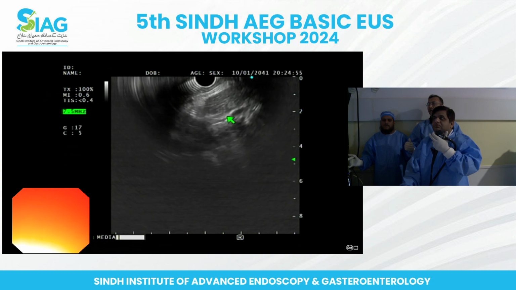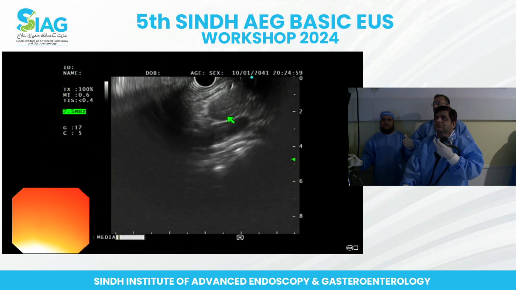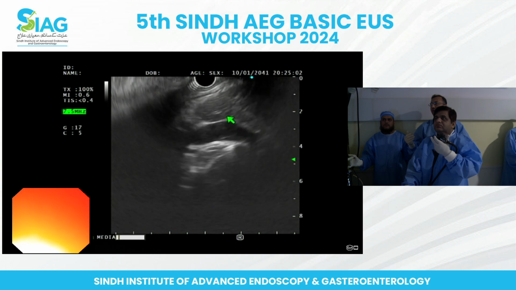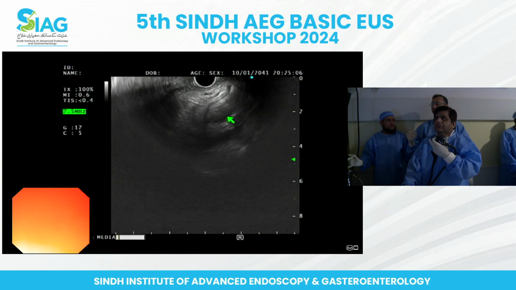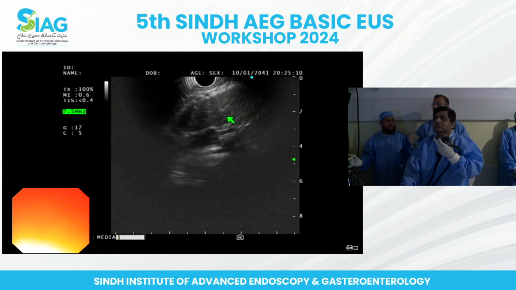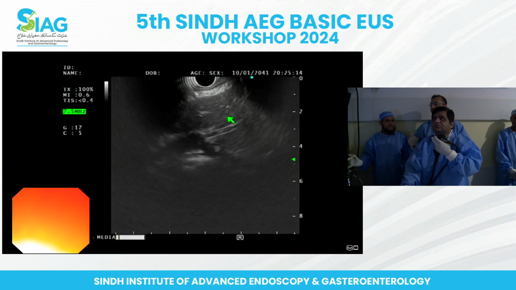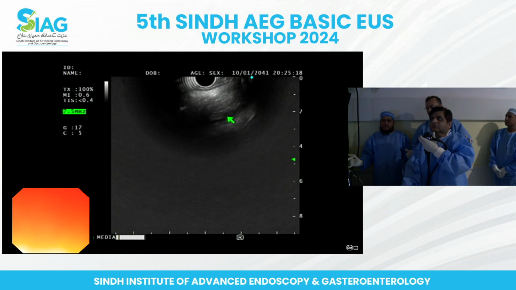So liver, slight pullback, and we need to identify the interface between the heart and the liver. We need to identify the diaphragm, and as soon as he identifies the diaphragm, he needs to turn clockwise and go towards the aorta. So you need to turn.